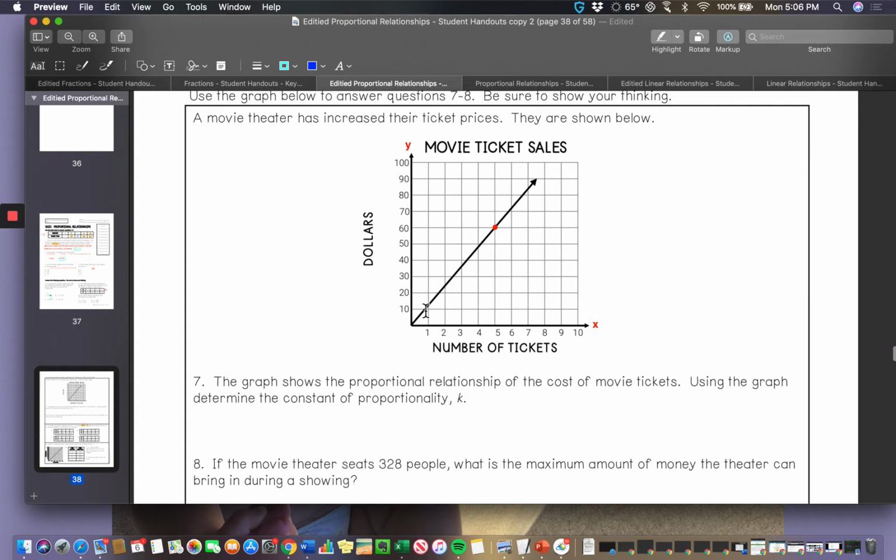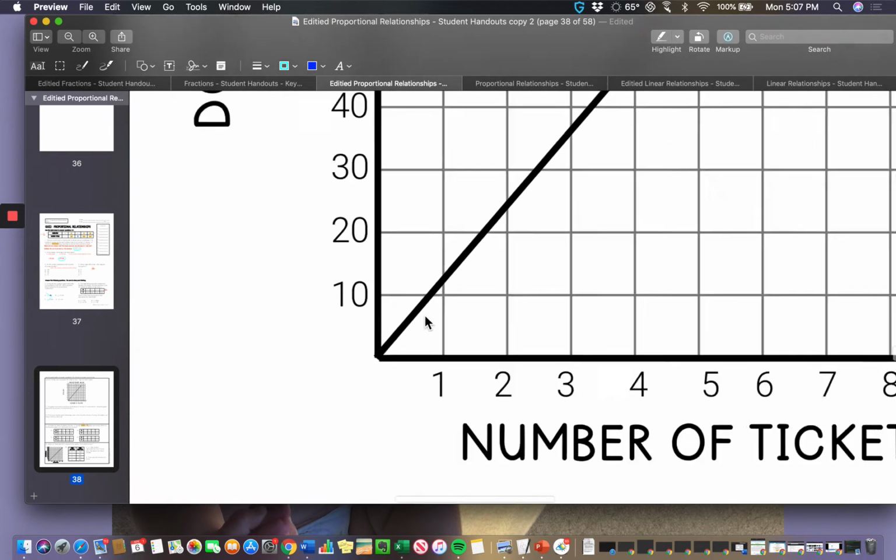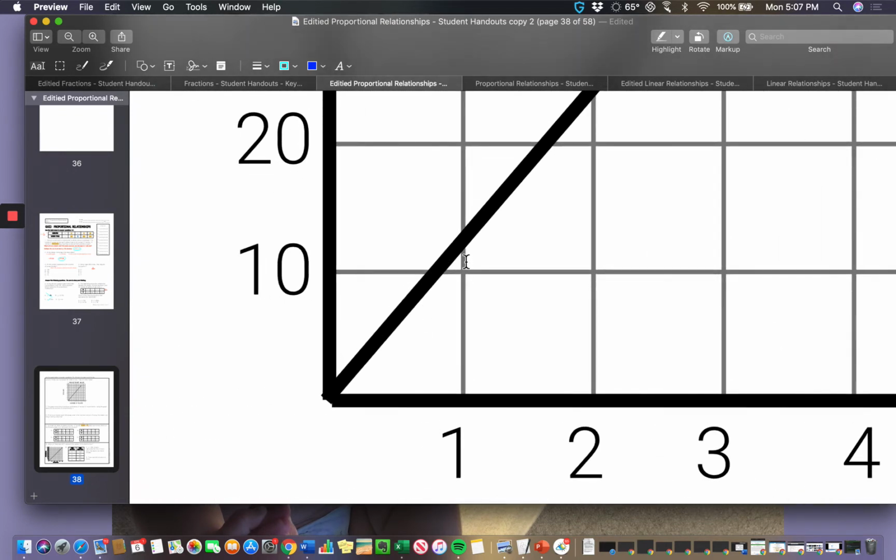Well, you know, at first when looking at this graph, I thought, oh, it must be 10. Every ticket costs $10, right? I have one ticket here, and then I have $10 here. It looks like that's going to meet. Well, the problem with that is that the line doesn't intersect right there. Okay? So it looks like it's a little bit more than 10, which is very interesting.